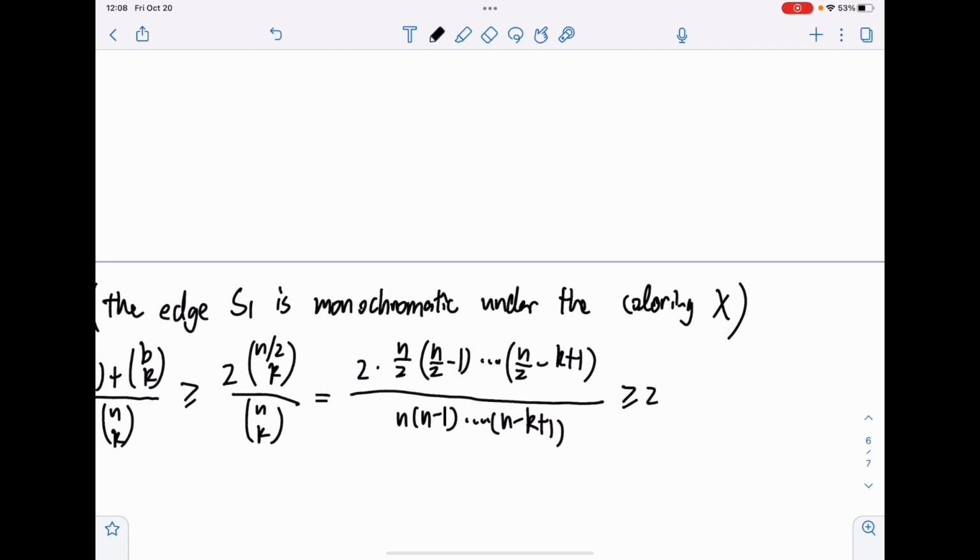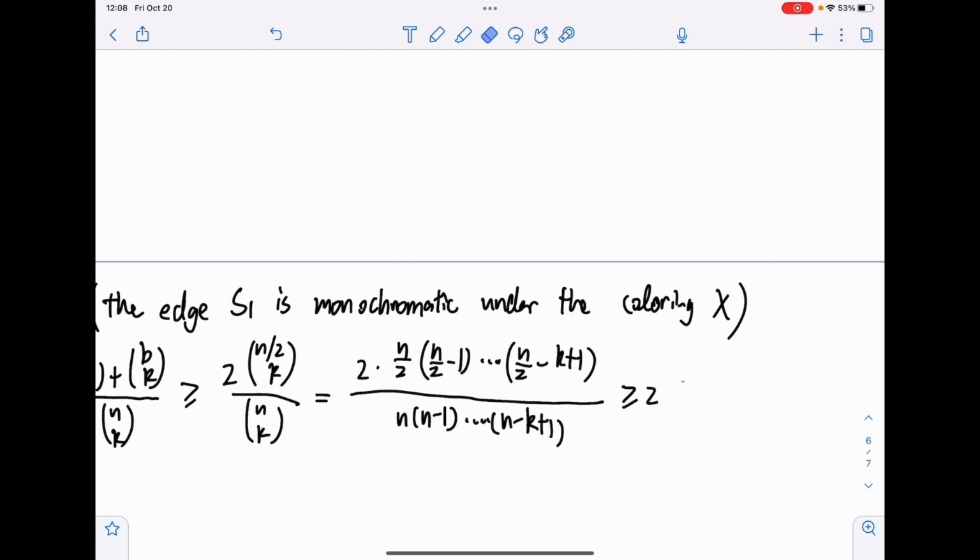Okay. The probability is A choose k plus B choose k over n choose k. This is greater than or equal to 2 times n over 2 choose k over n choose k.